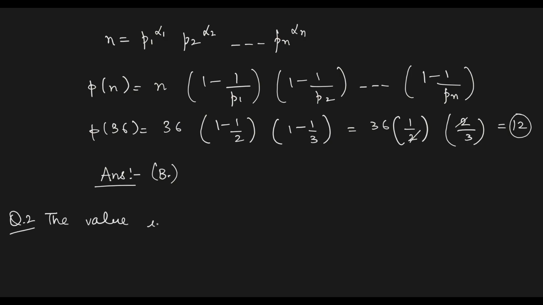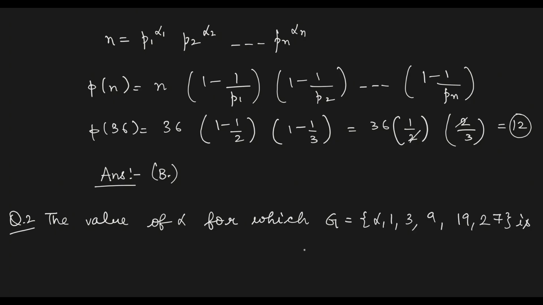The value of alpha for which G equals {1, 3, 9, 19, 27, alpha} is a cyclic group under multiplication modulo 56.